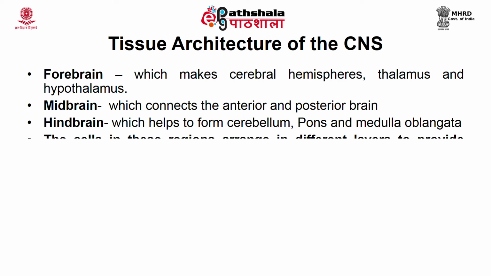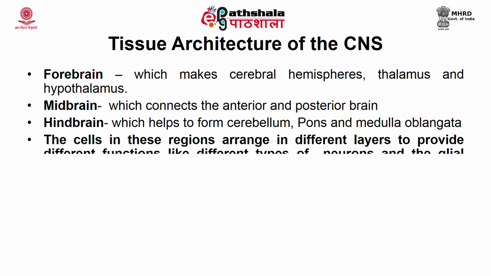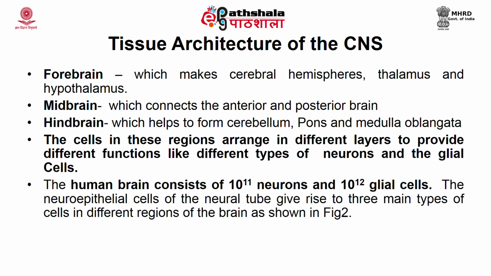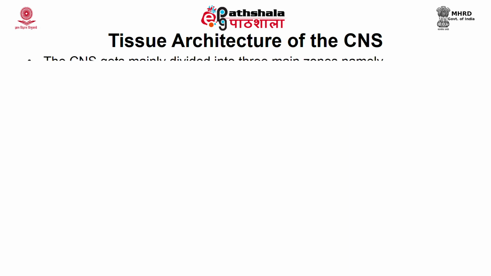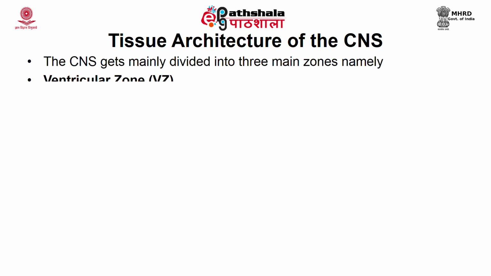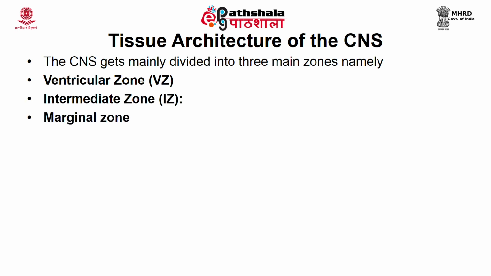And the cells in these regions arrange in different layers to provide different functions, and they are full of neurons and the glial cells. Now, when we look at the different layers, we find that the CNS is mainly divided into 3 zones: the ventricular zone, the intermediate zone and the marginal zone.